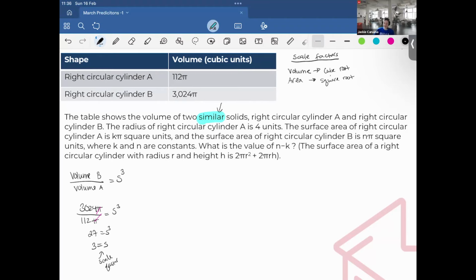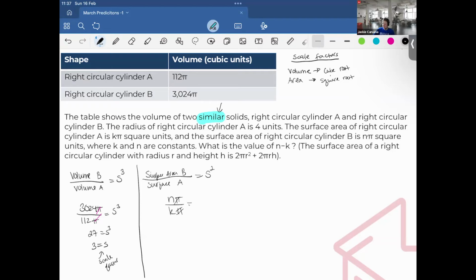Amazing. And then I also want to use the scale factor to find the surface area ratio. Same concept, surface area B over surface area A. And remember, that's the scale factor for areas, so we do s squared. Here it just tells me that it's n pi over k pi.